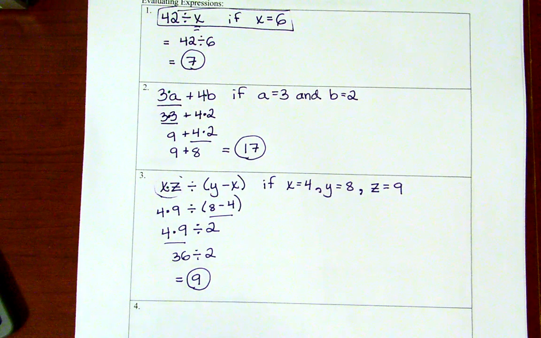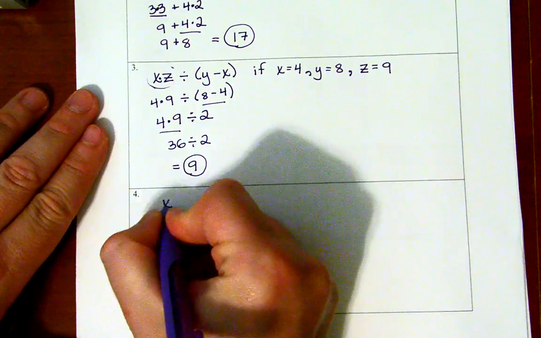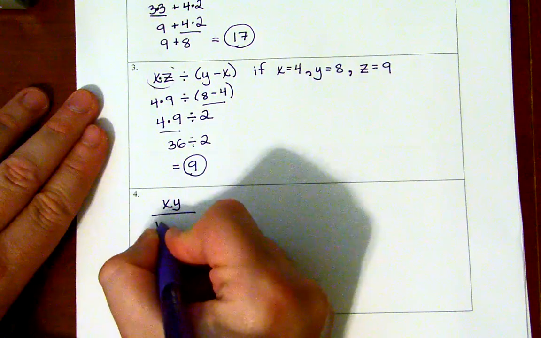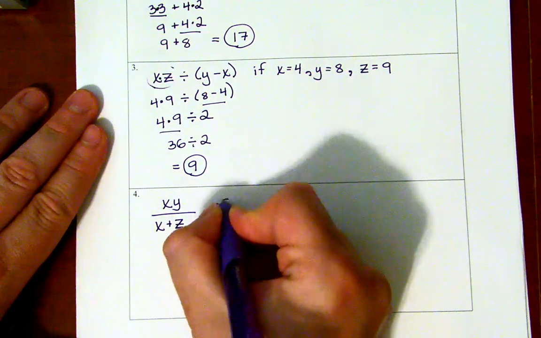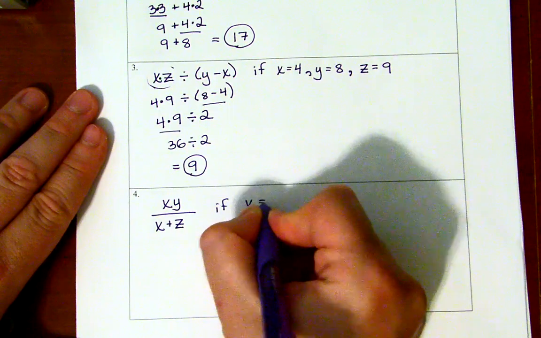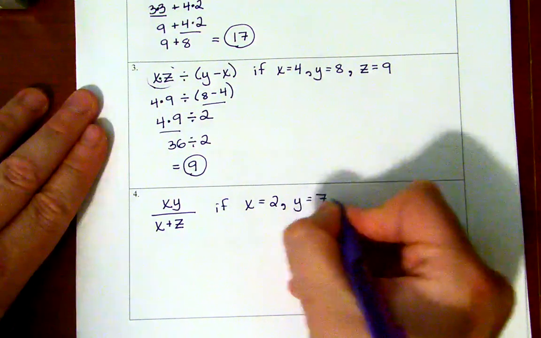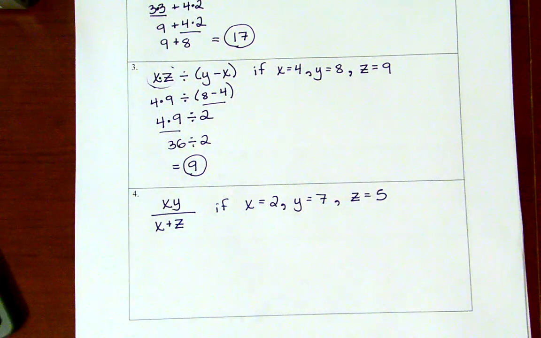One more, and I think this is, again, about as tough as these are going to get for right now. Let's do xy divided by x plus z. If I tell you that x equals 2, y equals 7, z equals 5.